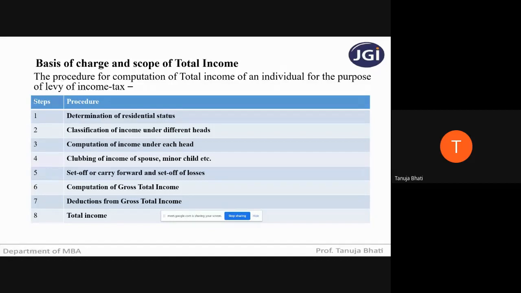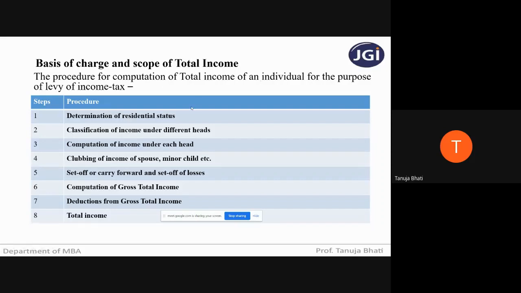Now what do you mean by residential status? We know that as per income tax, the residential status of an individual can be either a resident of India or a non-resident of India. And why is it necessary for determining the total income? Why should we know residential status? Because if he is a non-resident, then the income on which tax is to be calculated will be different, and if he is a resident in India, then the income on which we have to calculate tax will be different.